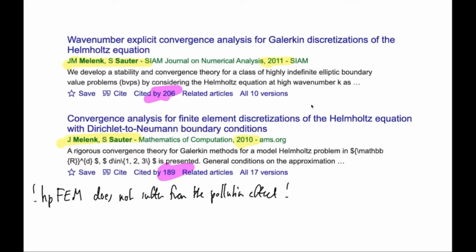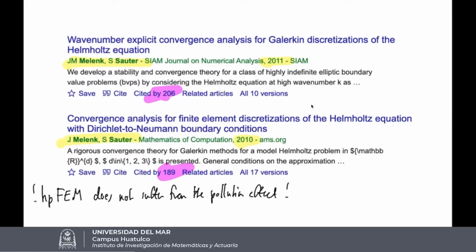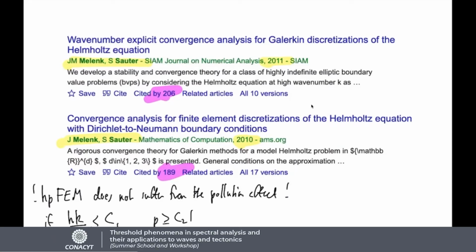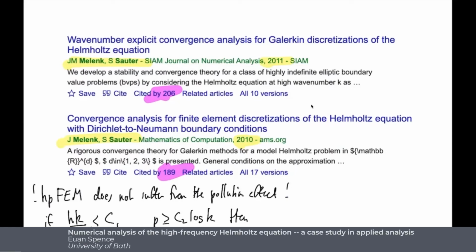This was a really big result. What they showed is that if hk over p is sufficiently small and p grows logarithmically with k, then I get a quasi-optimality constant C_qo independent of k.